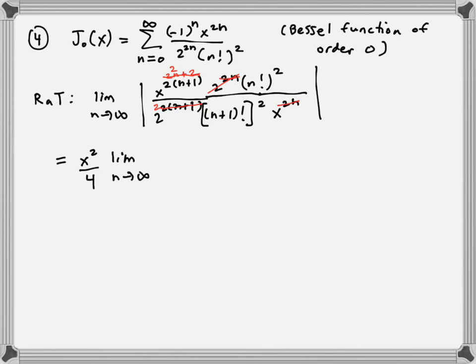What's left? Okay, this is important. We have an n factorial over n plus 1. Remember, n factorial over n plus 1 factorial is the same as 1 over n plus 1. Okay, so of course, taking this further, if we square this, it's the same as squaring this.